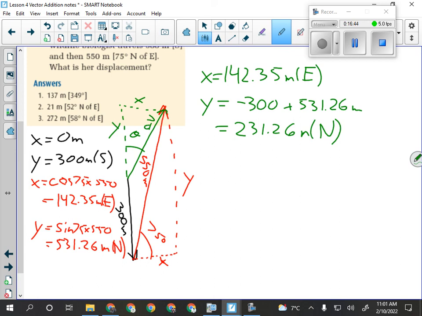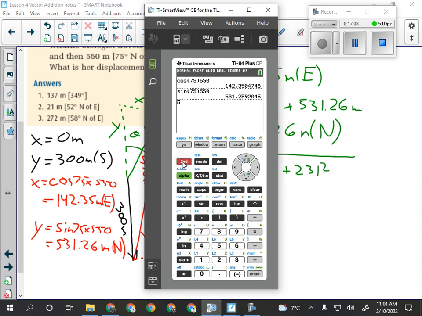Okay, everybody all right with that? My diagram's actually not looking too bad right now. The y on my green triangle is quite a bit longer than the x, so it's not too bad. Now that I've got those, I can calculate my overall displacement. That'll be 142 squared plus 231 squared, obviously with all the decimals in place.